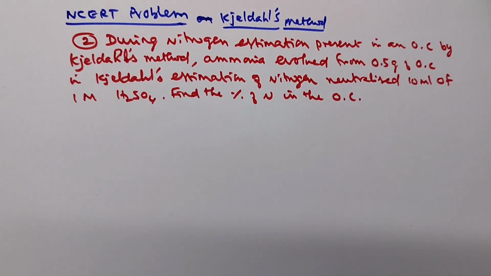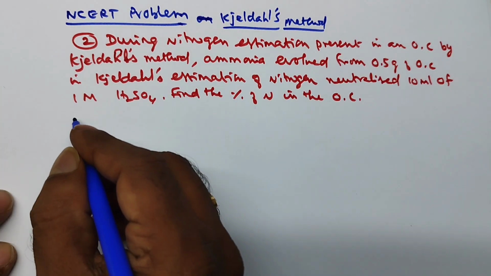Now let us work out an NCERT problem based on the Kjeldahl method. During the estimation of nitrogen present in an organic compound by Kjeldahl's method, ammonia evolved from 0.5 gram of an organic compound neutralized 10 ml of 1 M sulfuric acid. Find the percentage of nitrogen in the organic compound. First you have to write the given data.